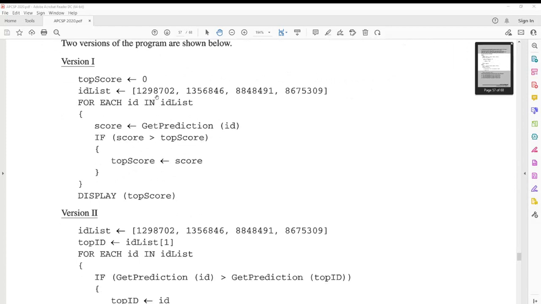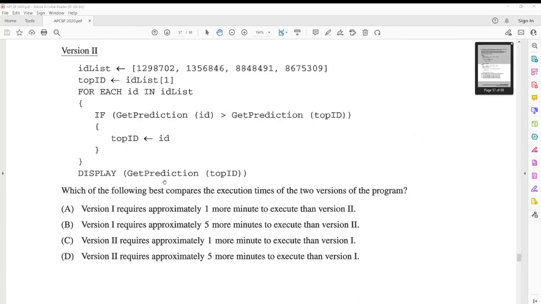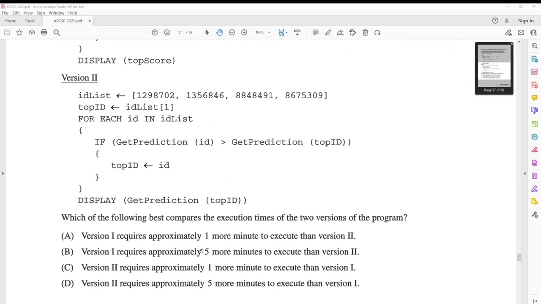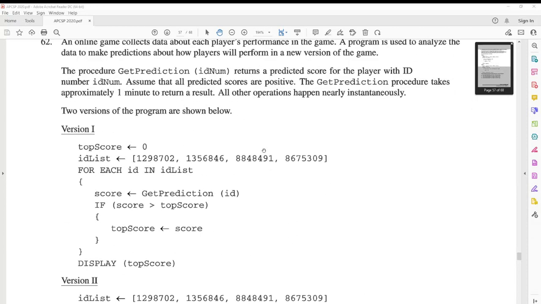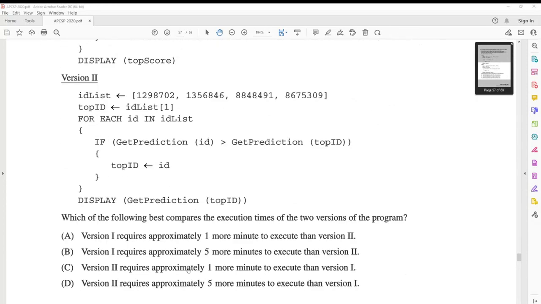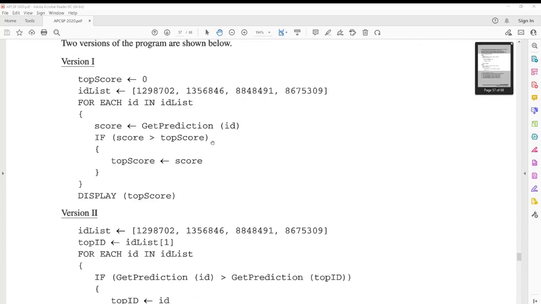Here we have 2 versions of the algorithm, and there is a comparison of performance. So basically you have two algorithms. Let's look at version 1 and 2. It doesn't say which one works or which one doesn't, so we just need to start with one algorithm.